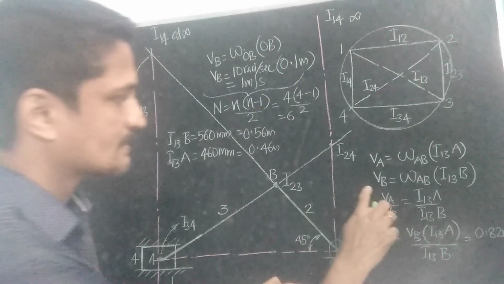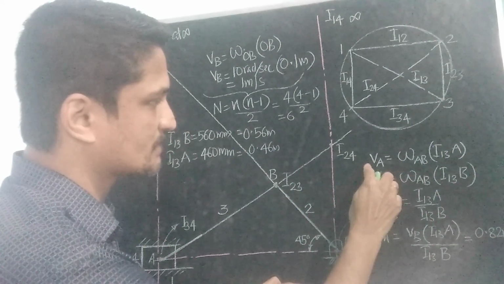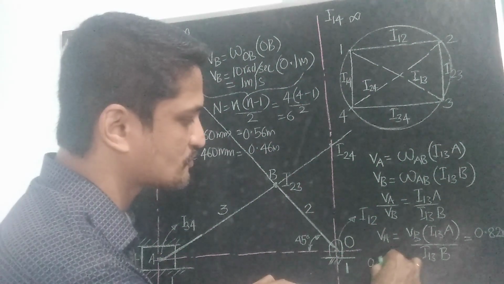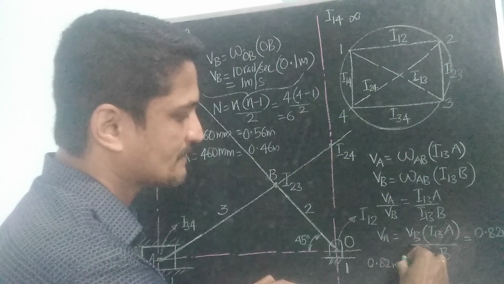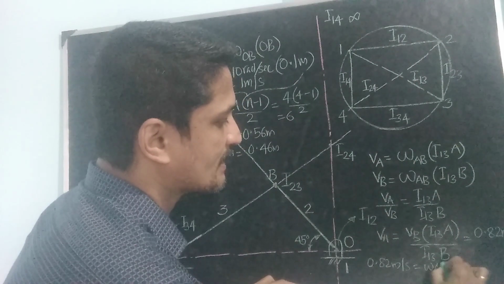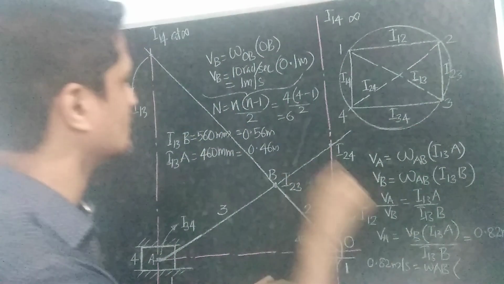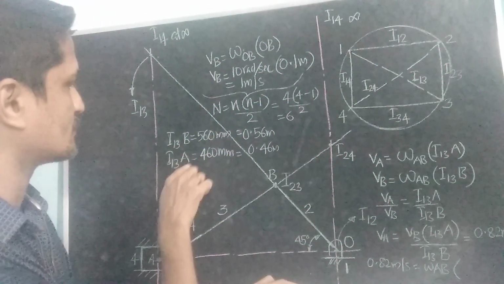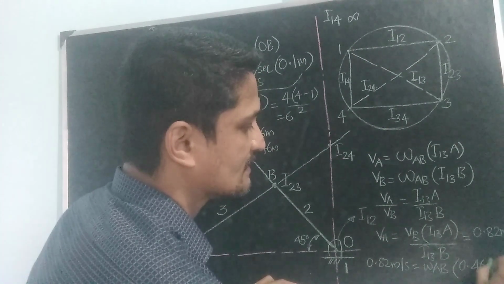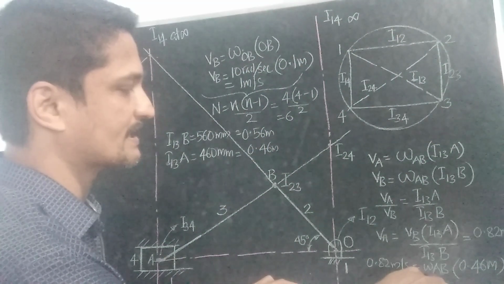Then substitute that value, 0.82 meter per second, here. VA is equal to 0.82 meter per second, which is equal to omega AB into I13A, which is 0.46 meter. Then we can easily find omega AB.